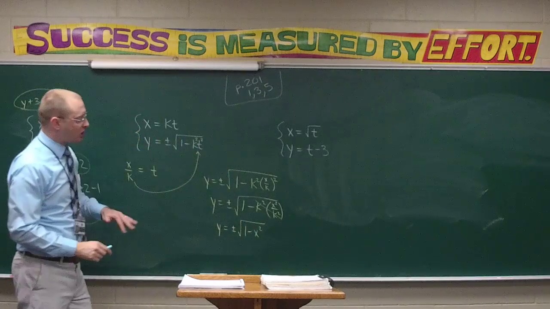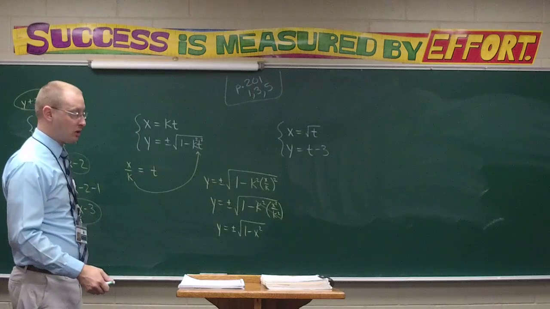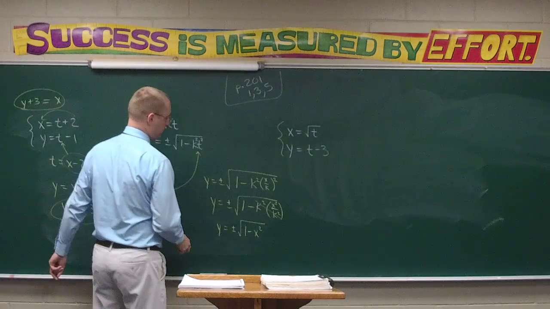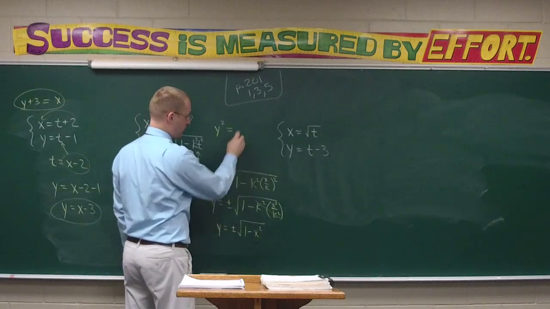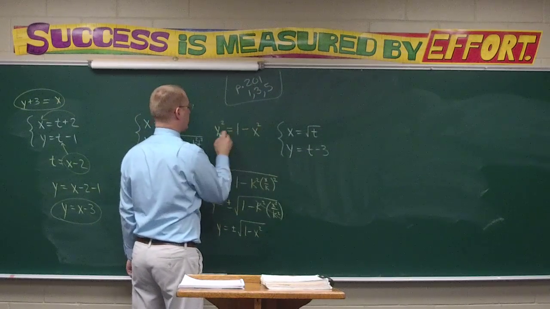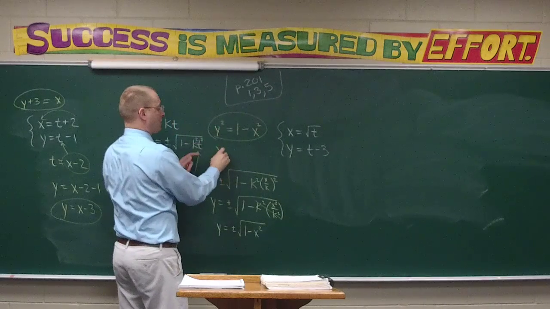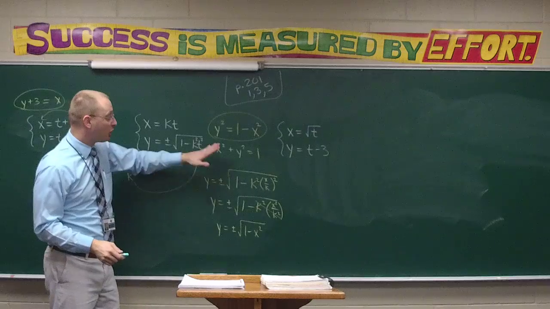And if we wanted to get rid of the radical, we could square both sides to get what? Y squared equals positive negative, or no, positive 1 minus x squared. There we go. Or if we want to bring that over, we could say x squared plus y squared equals 1. That would be a circle. So we could do that as well.